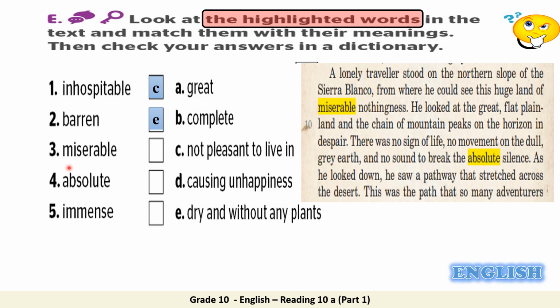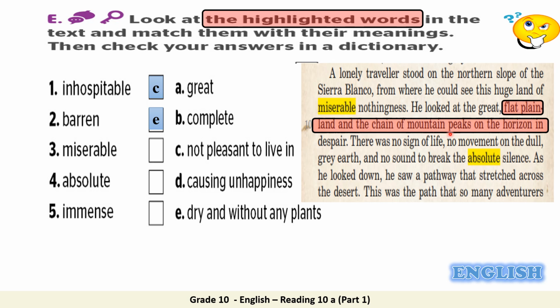Another word here which is miserable. Let's try to find out the context clues together. Miserable nothingness. He looked at the great flat plain land and the chain of mountain peaks on the horizon. So flat plain.